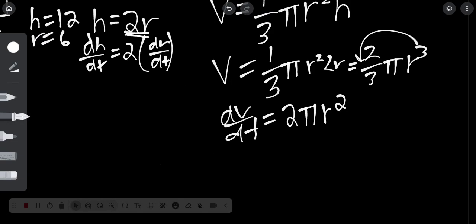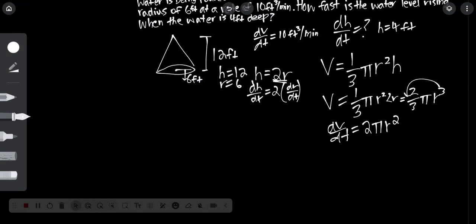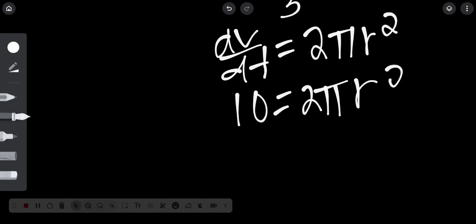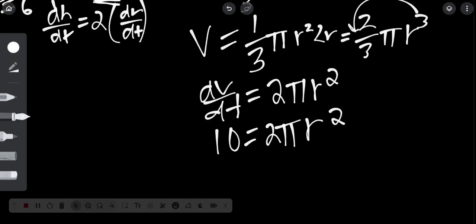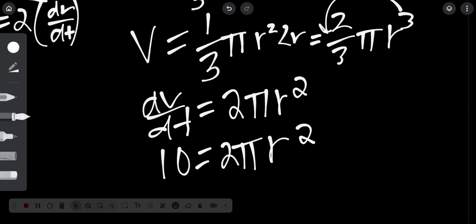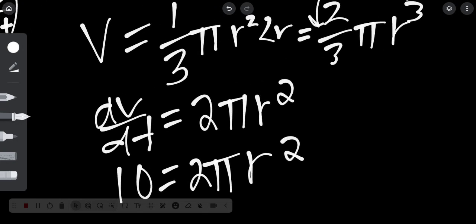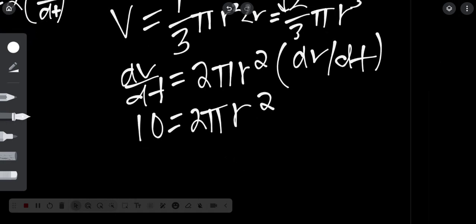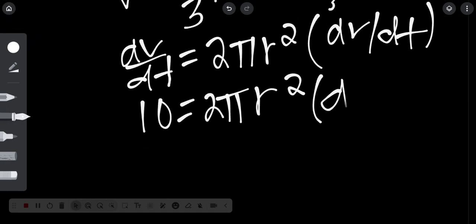Now we are given that dV/dt is 10, so we just plug in 10 right here. So 10 equals 2 pi r squared times, and do you know what error I made? I forgot, since we're taking the derivative with respect to time, you have to multiply by dr/dt. That's a very important step that I often miss, and that you probably often miss too. So times dr/dt here as well.